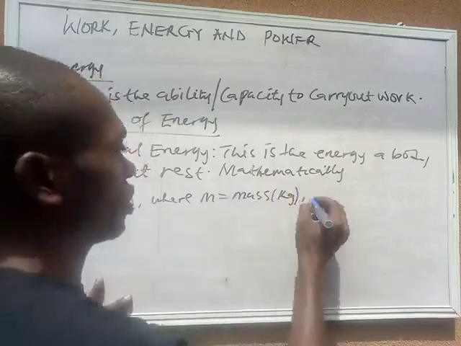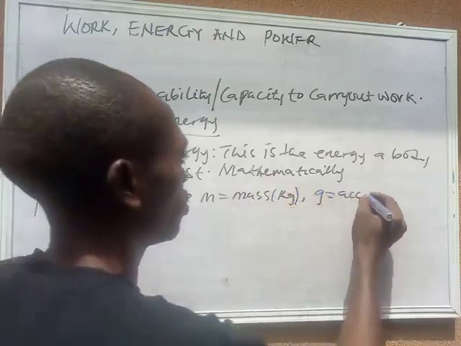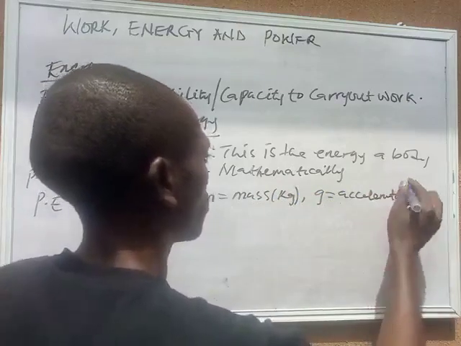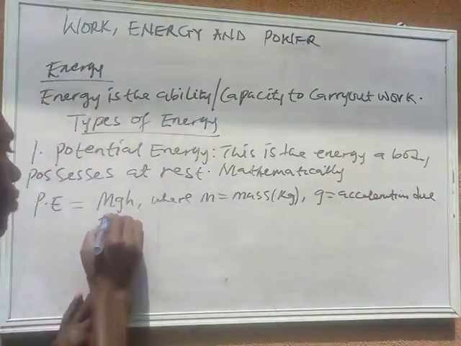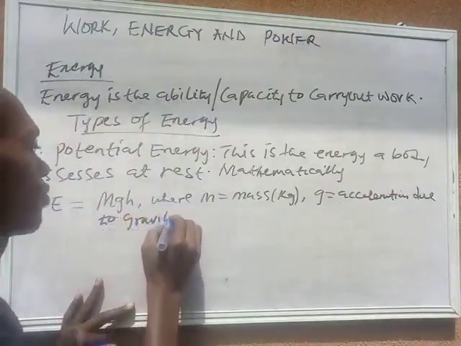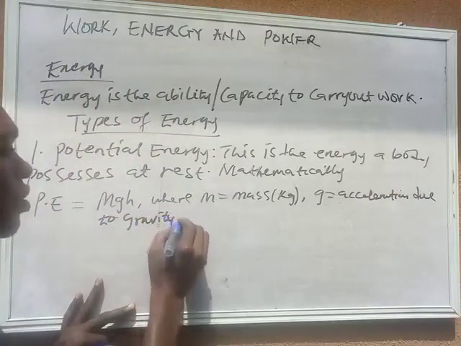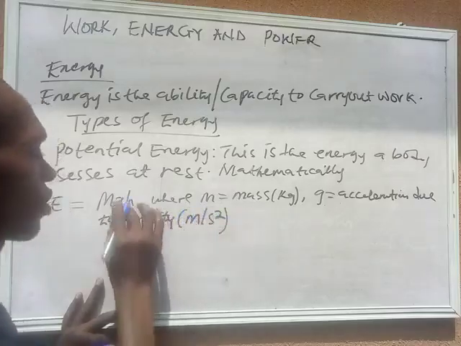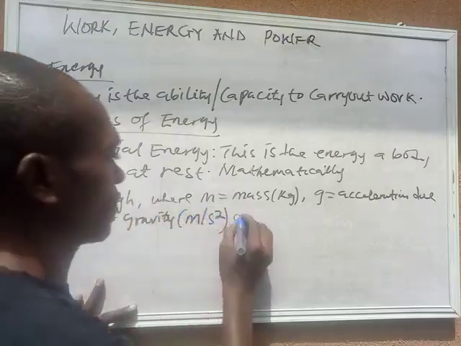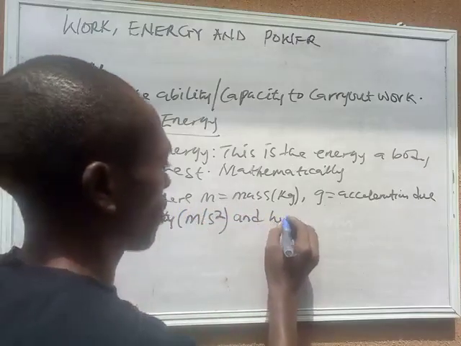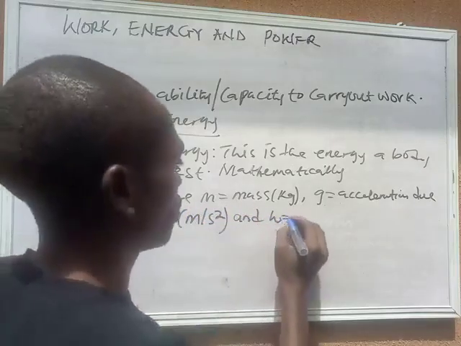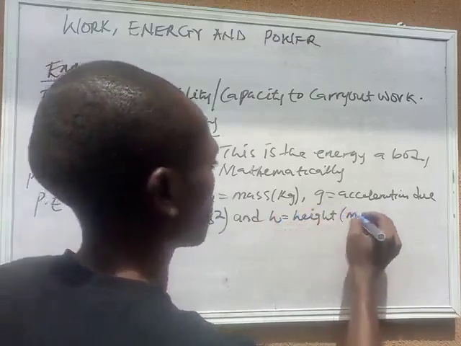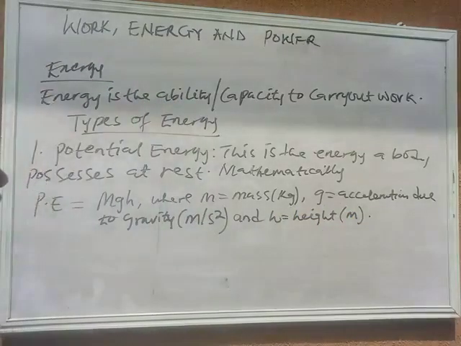G stands for acceleration due to gravity, which is always in meters per second squared. Lastly, H is equal to height, which is in meters. Now, this is potential energy.